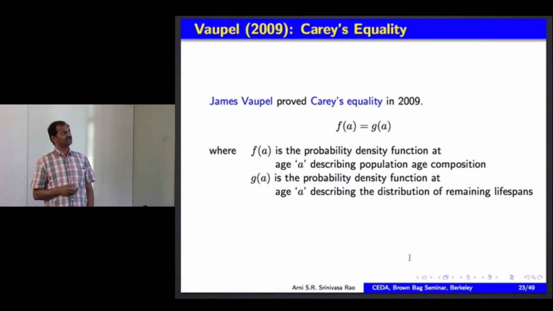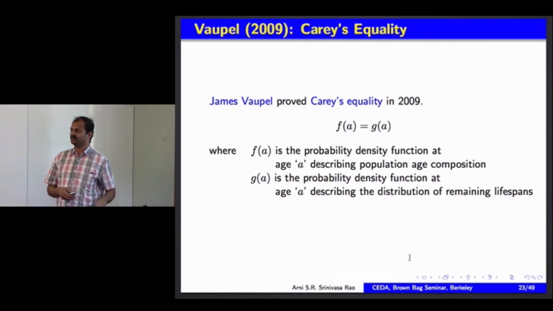So in 2009, based on that, Jim Vaupel brought this equality, f(a) equals g(a), and Jim Vaupel proved Carey's equality. Here f(a) is the probability density function at age a, describing the population age composition, and g(a) is the probability density function at age a, describing the distribution of remaining lifespans.